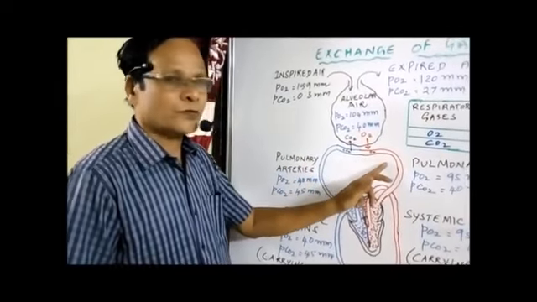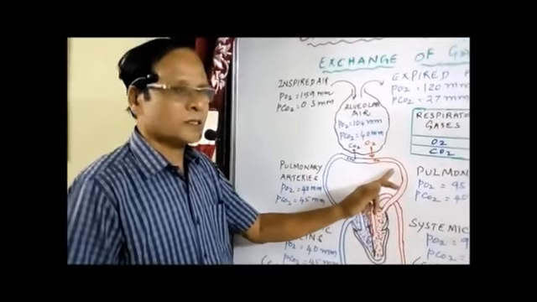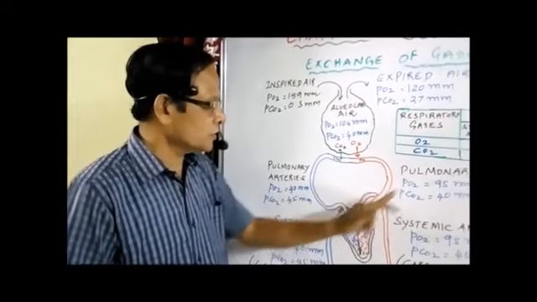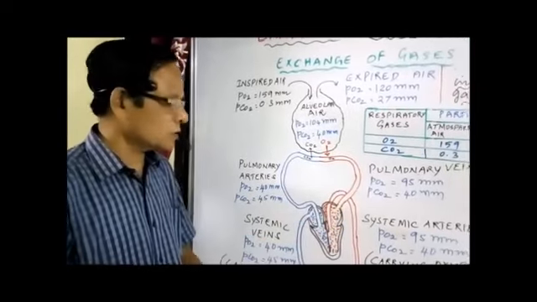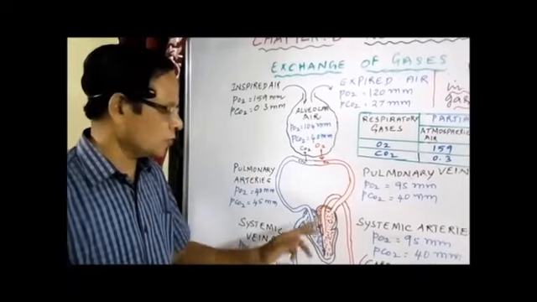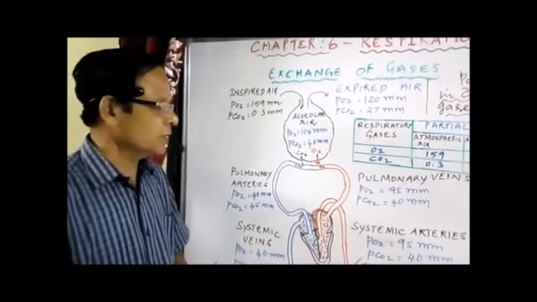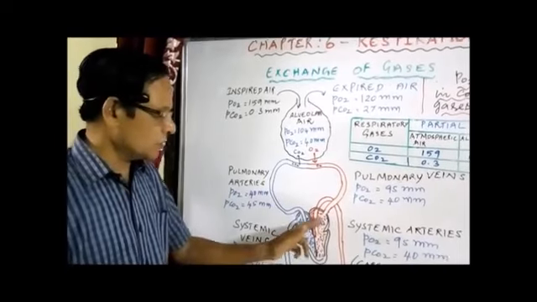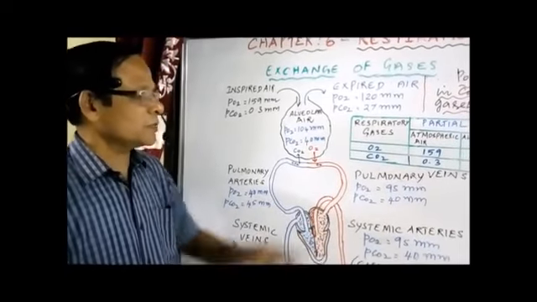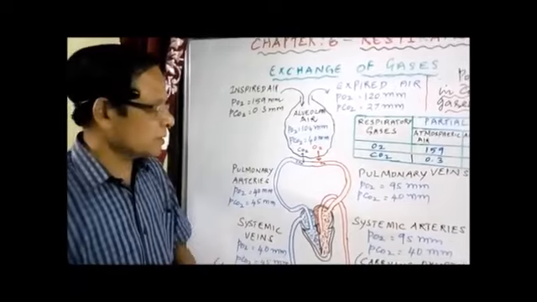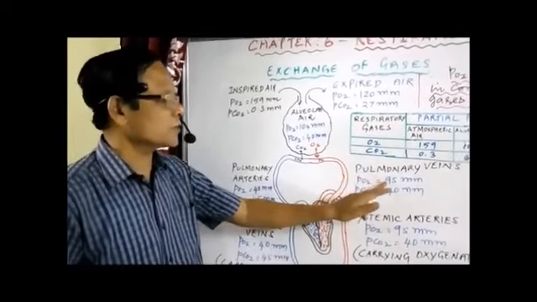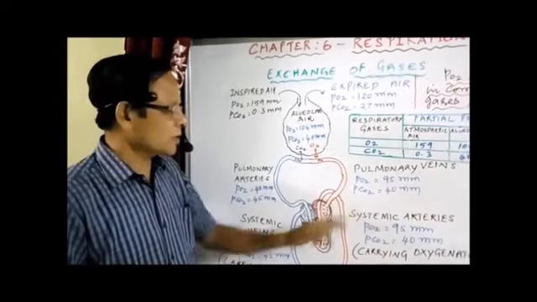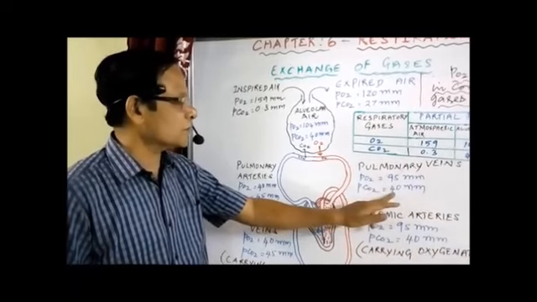Now the blood is purified. It becomes oxygenated and is carried by the pulmonary veins to the left side of the heart, particularly the left atrium. So pulmonary veins carry the pure, oxygenated blood to the left atrium. In the pulmonary veins, as the oxygen enters, the PO2 increases to 95 millimeter mercury and the carbon dioxide level decreases from 45 to 40.